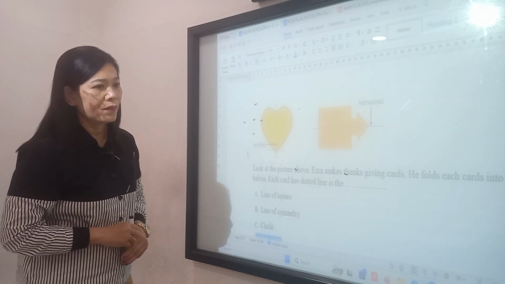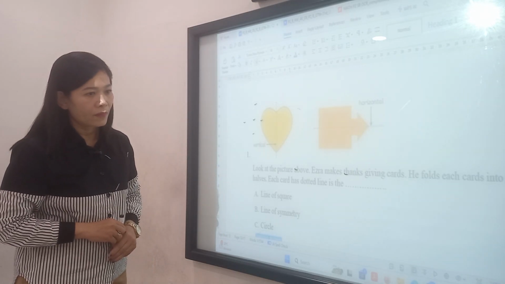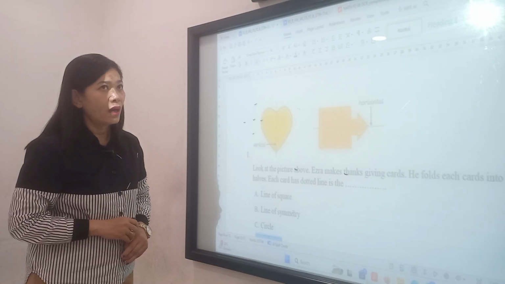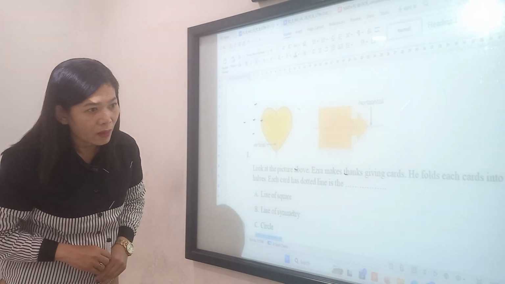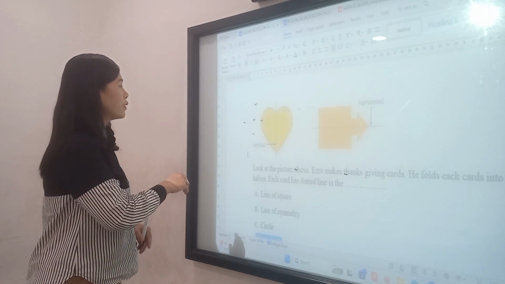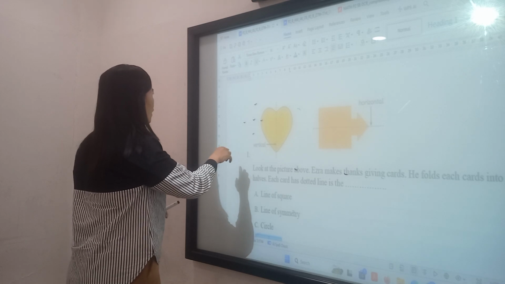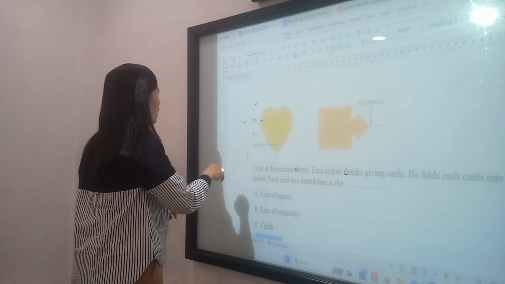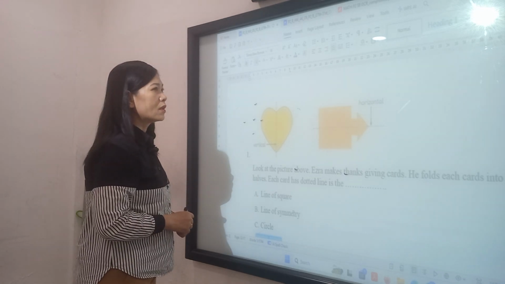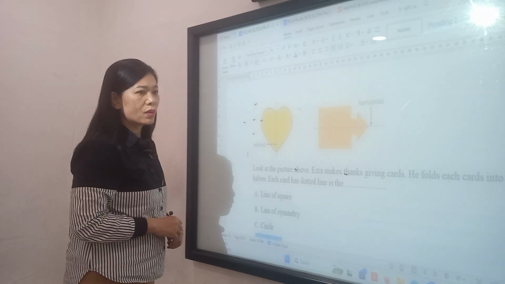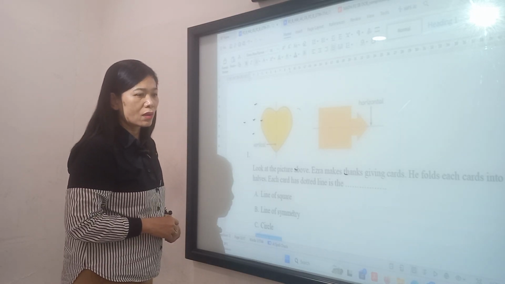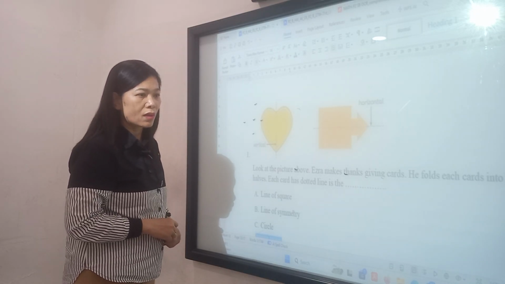Okay. So, in the square, how many lines of symmetry? In the square, how many lines of symmetry? Two.